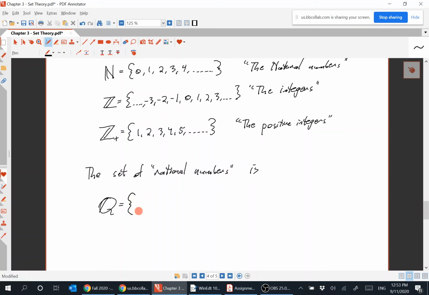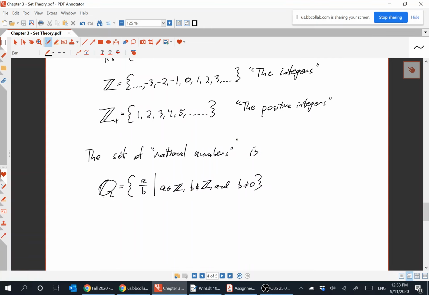It's the set of all a over b such that a is an integer, b is an integer, and b is not 0, of course. So the predicate actually has 2 entries in it, but that's fine. You could have as many entries as you need.